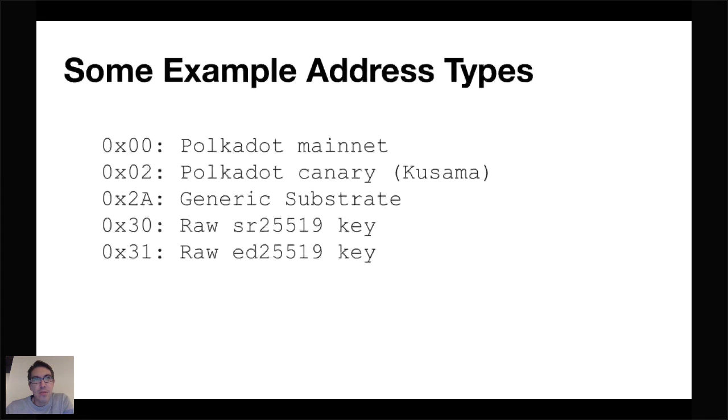There are also other different formats. There are actually quite a few different formats. I'm trying to think exactly how many, maybe about 20 or so that are already defined. But since we have an entire byte to play with, that means 255 possible different address types.